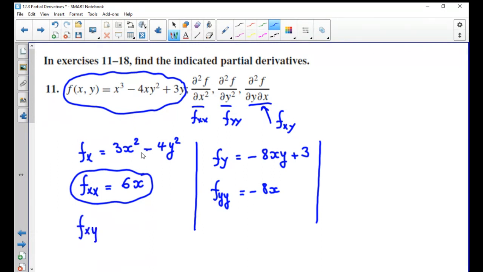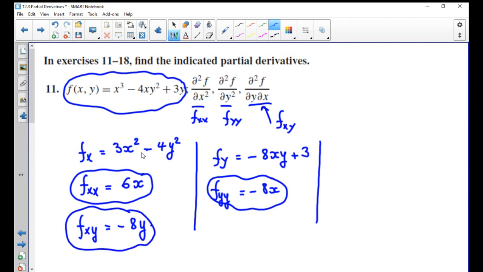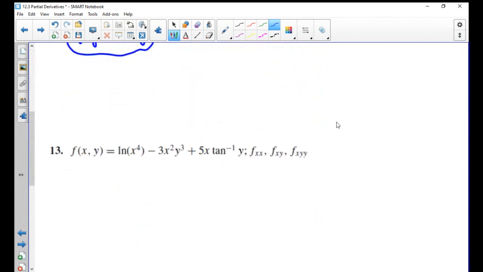That means fx, and then differentiate that with respect to y. So it's minus 8y, and that's it. So these are the three answers we want here. Any question with this? No problem? Okay.